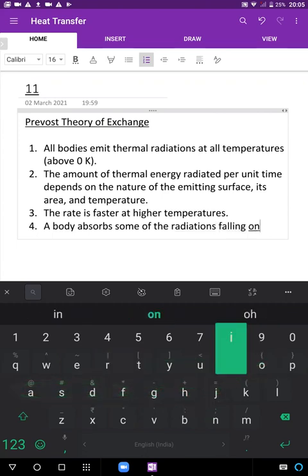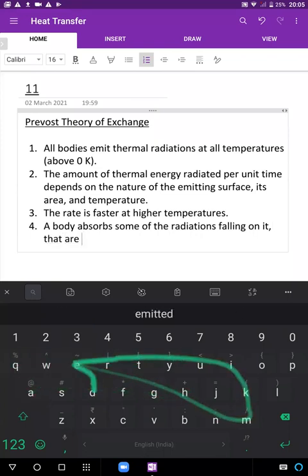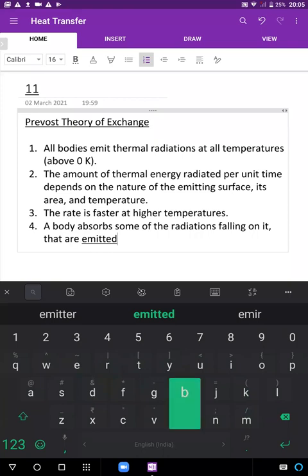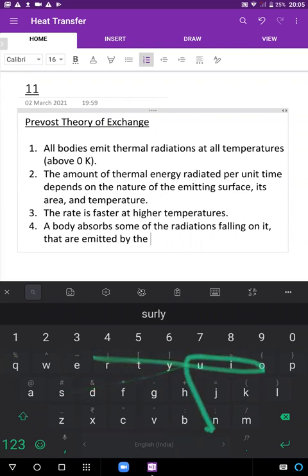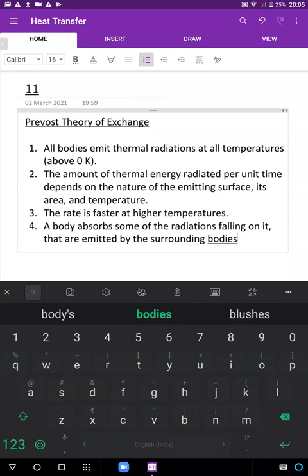A body absorbs some of the radiations falling on it that are emitted by the surrounding bodies. It is logical, right, that the surrounding bodies are also emitting thermal energy in the form of radiation by virtue of their temperature, and so therefore a body will also be absorbing some of the radiations falling on it that are emitted by the surrounding bodies.